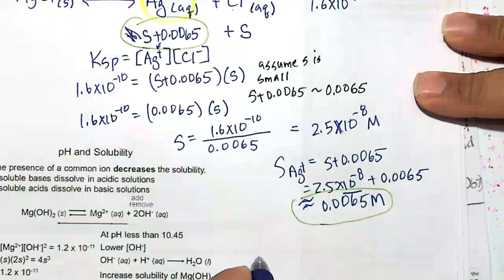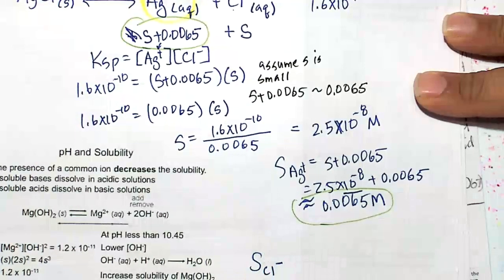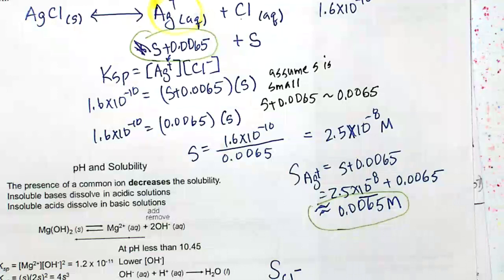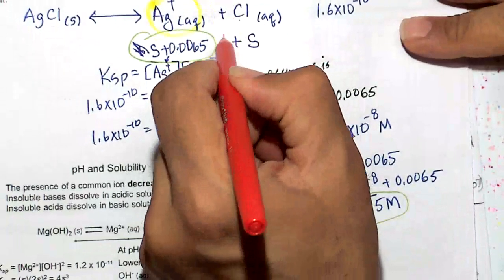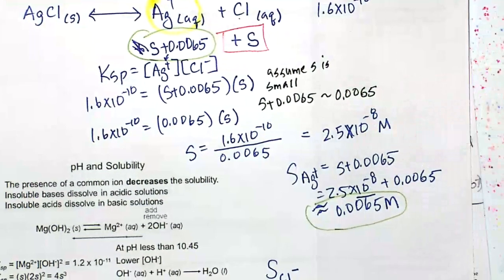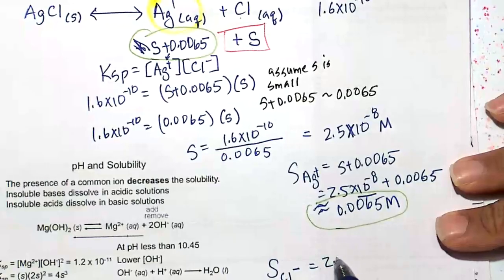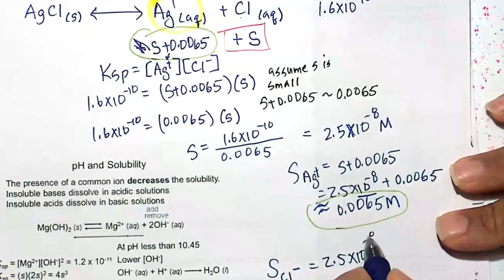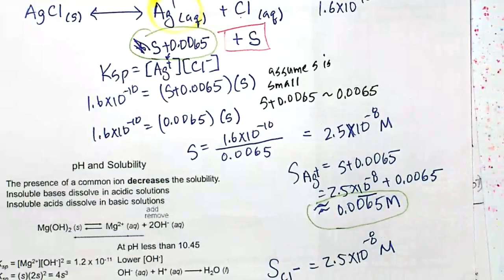And then the solubility of the Cl-, which is this one here, that's just going to be S. We calculated S to be 2.5 times 10 to the minus 8 molar.